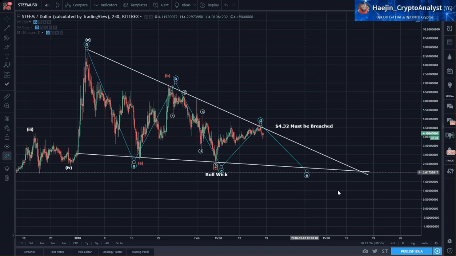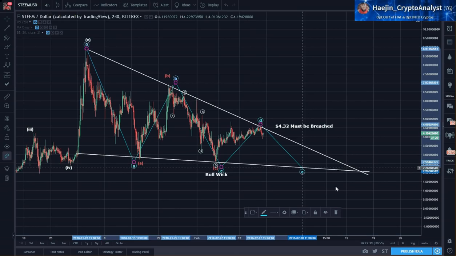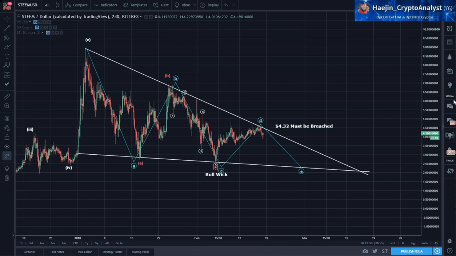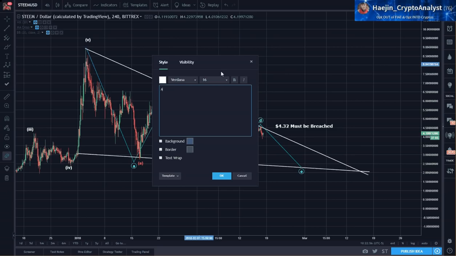If we don't breach that top line, we may see a slightly smaller lower low than the prior low at around 230. So this is an alternate to keep in close awareness.